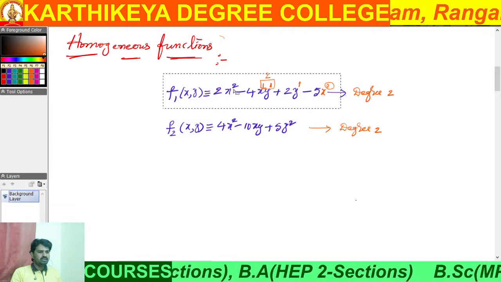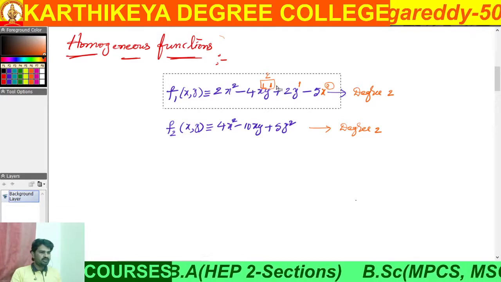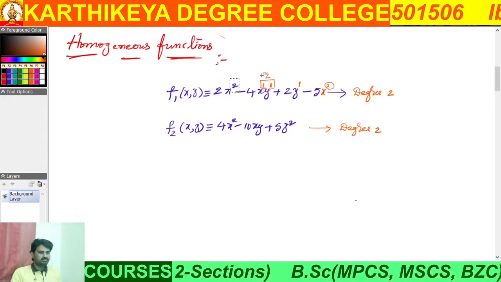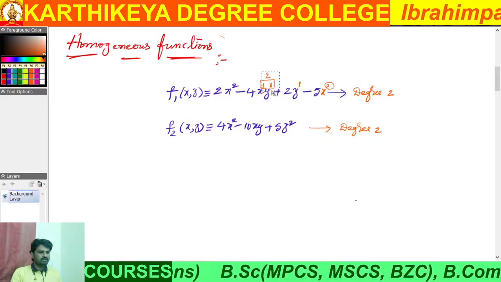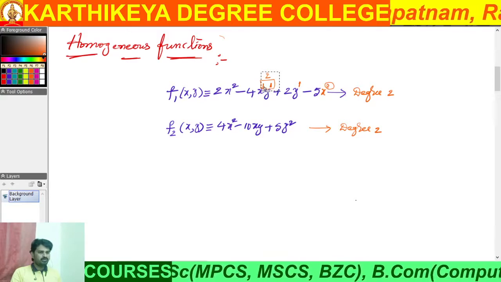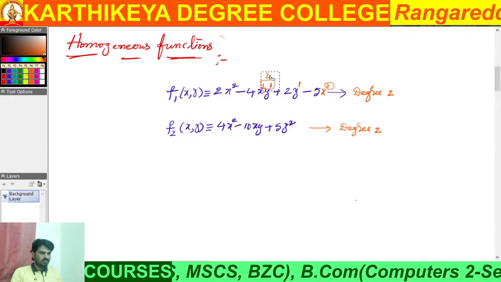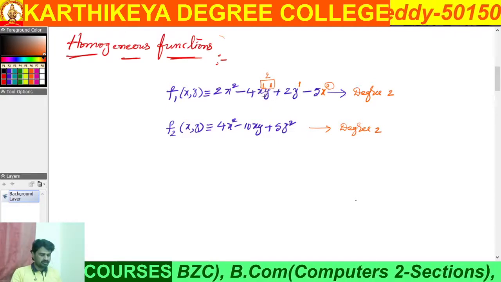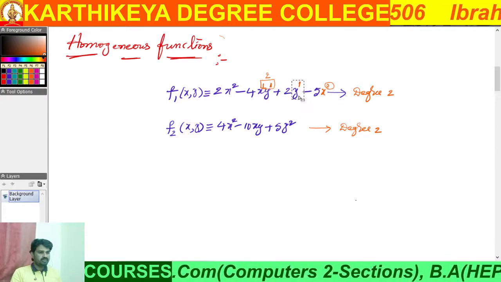Here the powers of each and every term are not the same, because the first term degree is 2, the second term degree is 2. How can you say that? Here the variables are x and y. Now x power 1 and y power 1, adding these two powers you get 2. So this is the second degree. In the third term the power is y power 1.